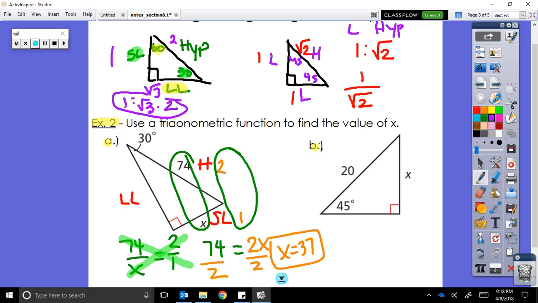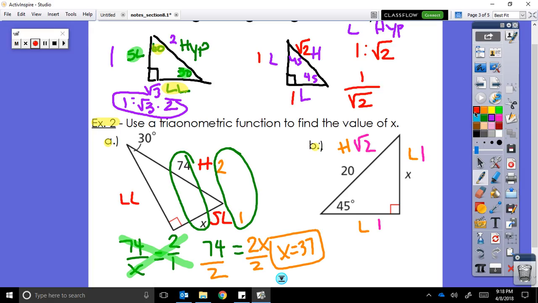Alright, let's look at B. B is the 45, 45, 90. So leg, leg, hypotenuse. We have 1, 1, square root 2. Okay, so now let's make some fractions.